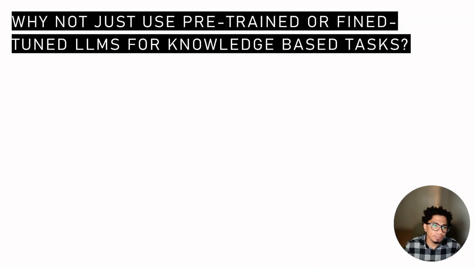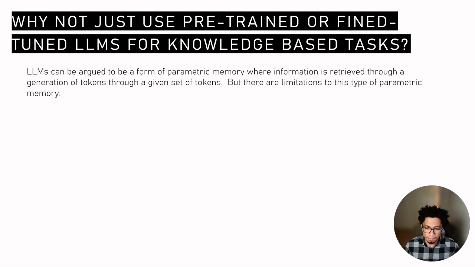Yeah, so why not just use pre-trained or fine-tuned LLMs for knowledge-based tasks, right? Because an LLM can be argued to be a form of parametric memory, as I explained before, right? So the information is retrieved through its generation of the tokens.